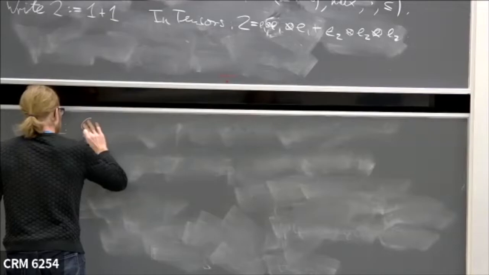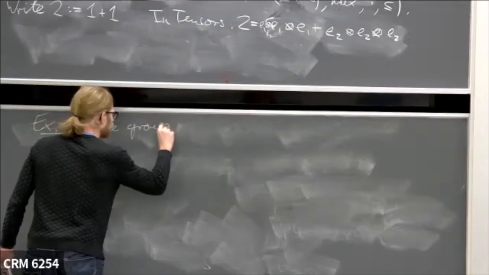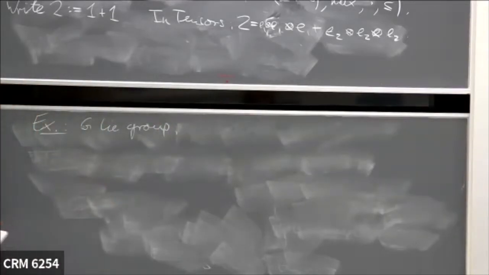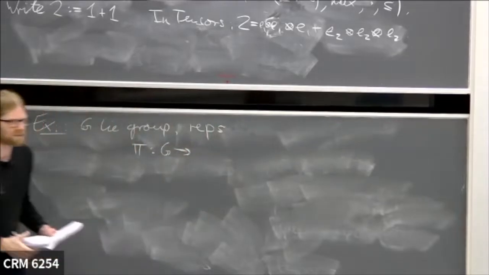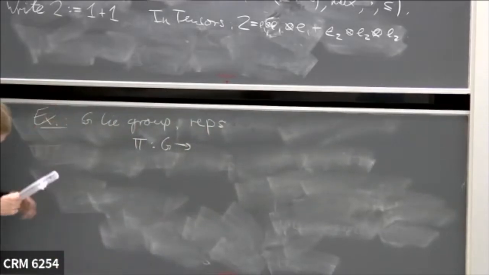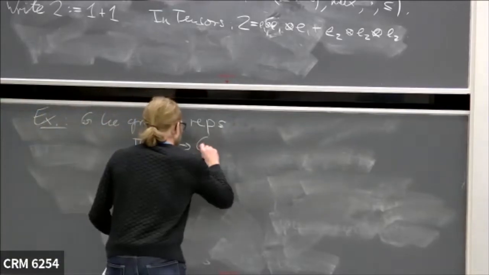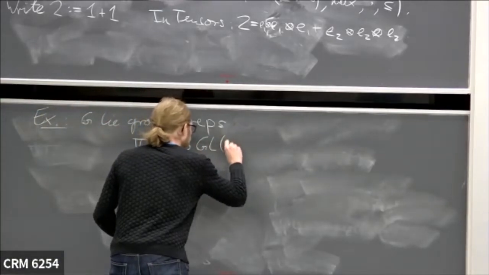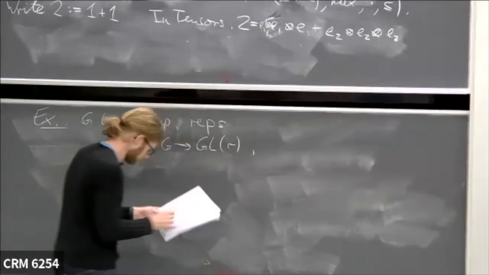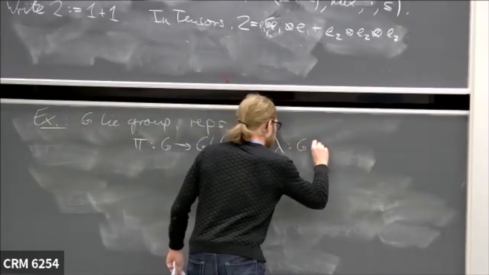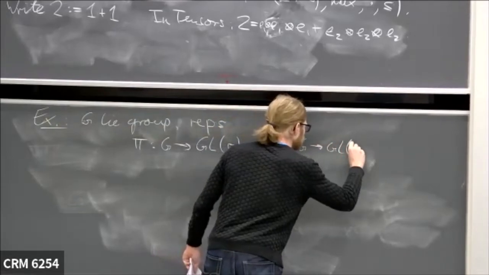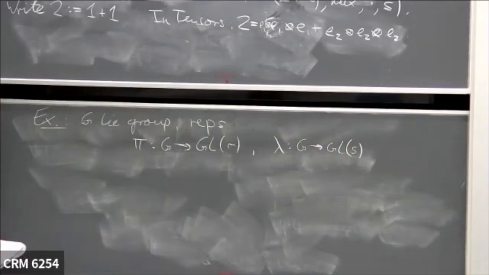So let's say G, a Lie group, and then let's say instead of tensors, we take representations. So these are now going to be group homomorphisms from G into some general linear group, let's say of dimension S, and another one lambda going from G into GLS. I already have too many n's around otherwise, so I don't want to write n for dimensions.